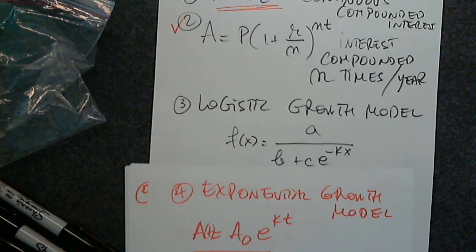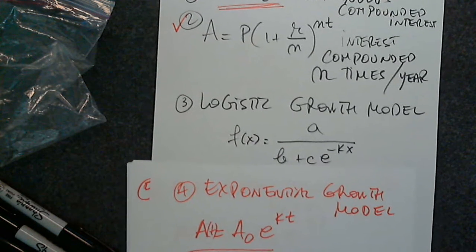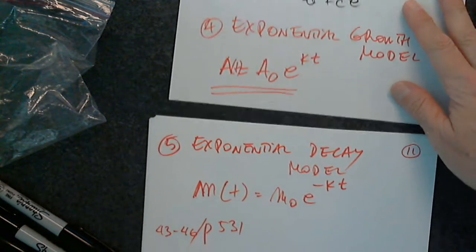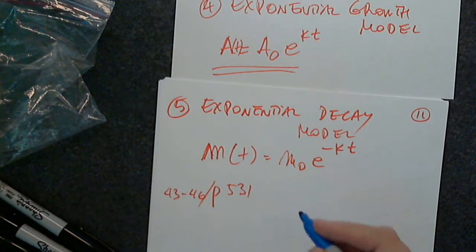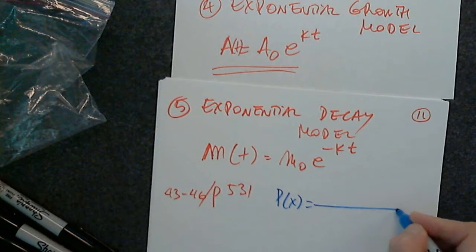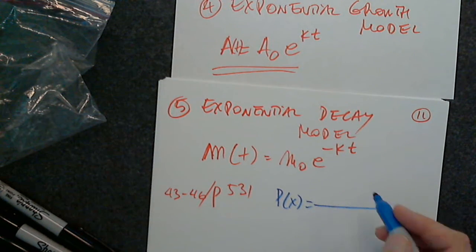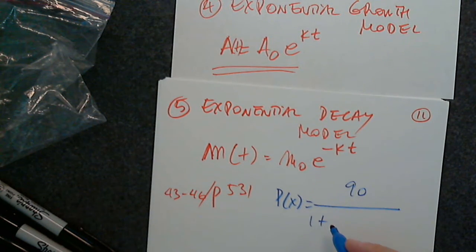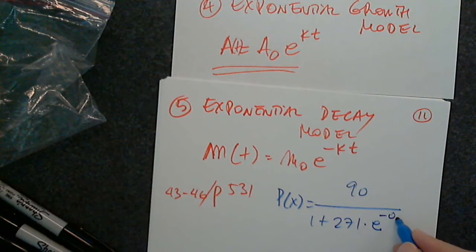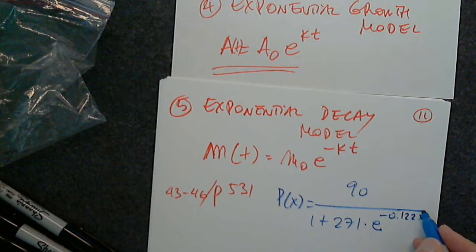Okay, so the logistic growth function is given to us in problems 43 through 46. And that is p of x equals, the numerator is 90, 1 plus 271 times e to negative 0.122x.